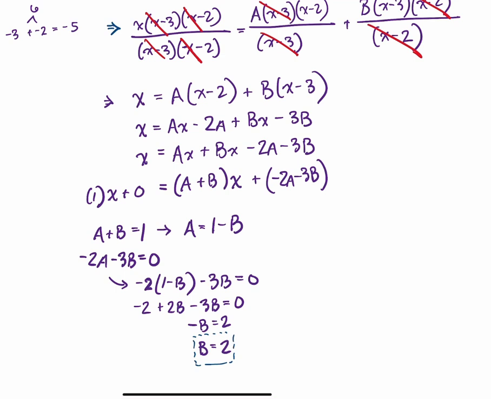So let's go back to our first equation, plug in negative 2 for b. Should have written a negative here. So in our first equation, we can say that a should equal 1 minus negative 2. So that means a is equal to 3.